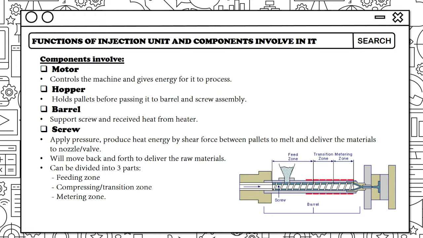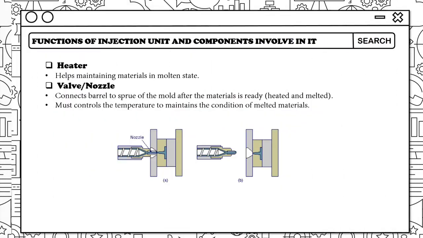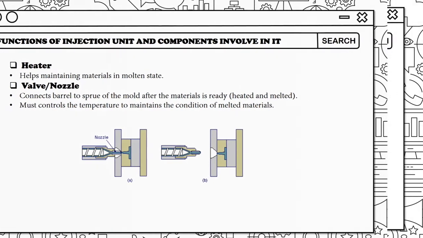Next, the screw is responsible for applying pressure, producing heat energy between pellets, and delivering the materials to the nozzle. The screw is divided into three zones, which are the feeding zone, compressing zone, and metering zone. Next, the heater is used to help maintain the material in a molten state. Last but not least, the nozzle, which is the end of the injection unit, is used to connect the barrel to the sprue of the mold and also control the temperature to maintain the condition of the melted materials.